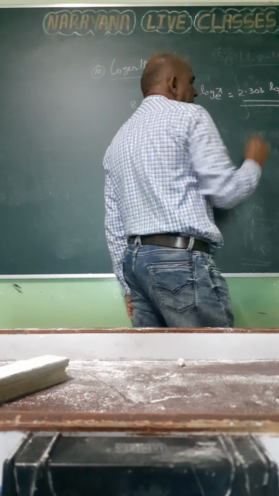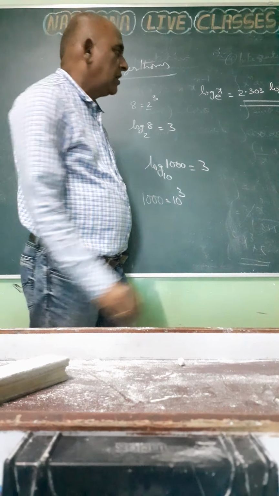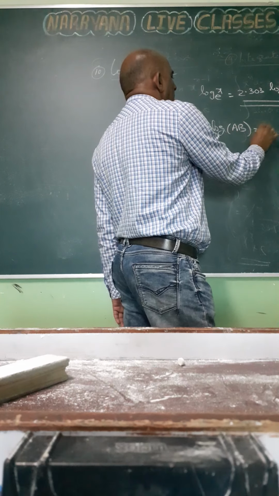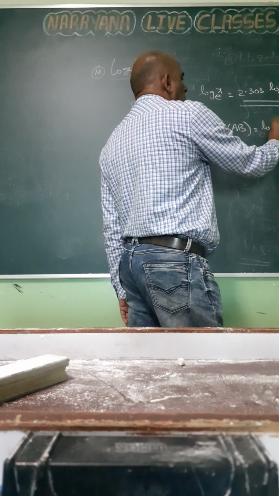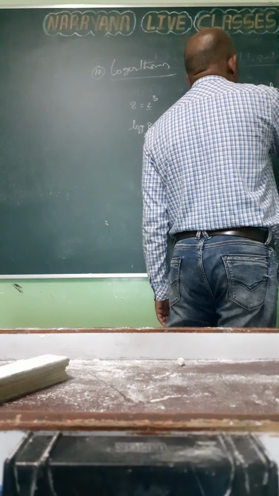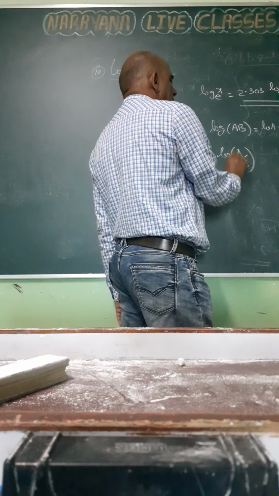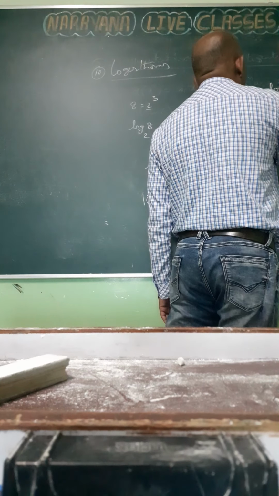This is an important concept. And after that, two formulas. Log of AB is equal to log A plus log B. Log of A by B is equal to log A minus log B.